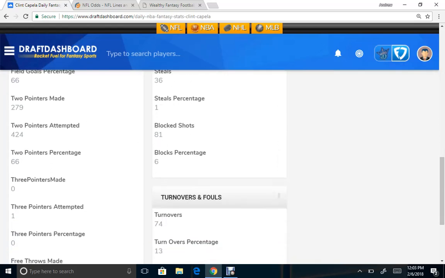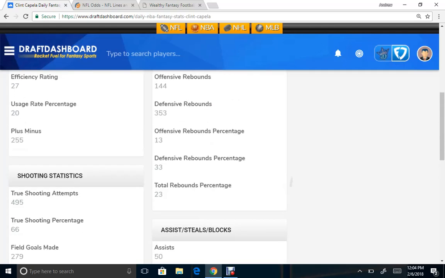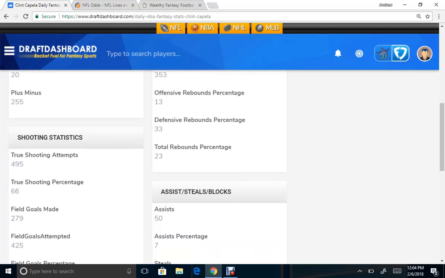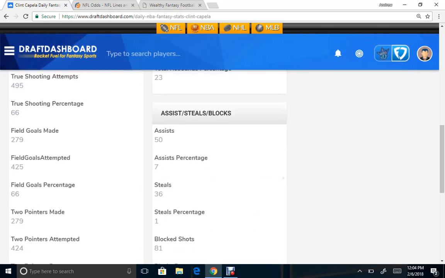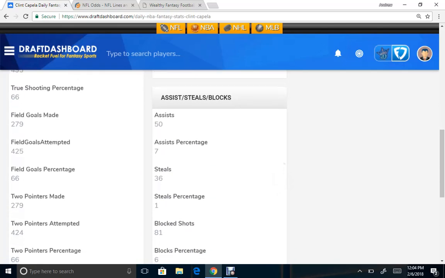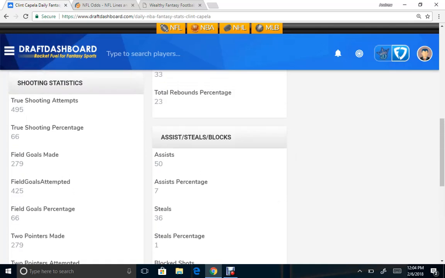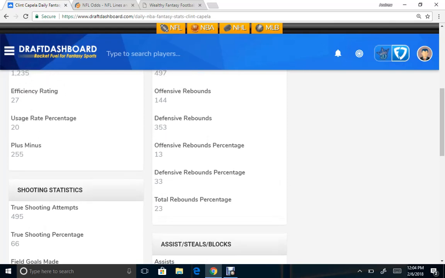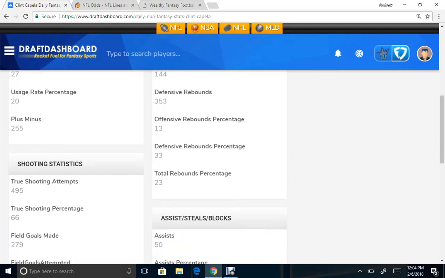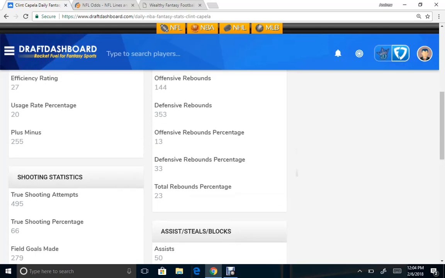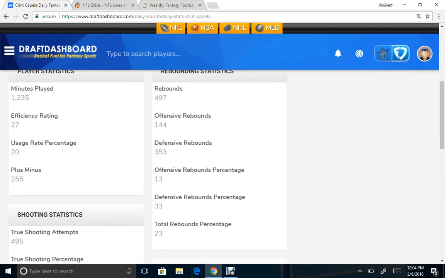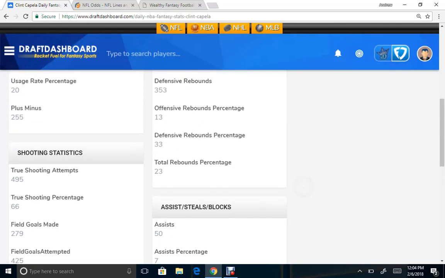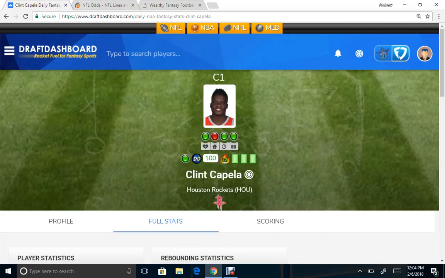He's getting about, you can see under the rebounds, about 23% of the rebounds when he's on the court, as well as the assists, assist percentage 7%. So if you can keep those numbers in your head, or you can write them down: 20% usage rate scoring, 23% rebounding, and 7%. So just keeping that in your head for a moment: 20, 23, and 7.